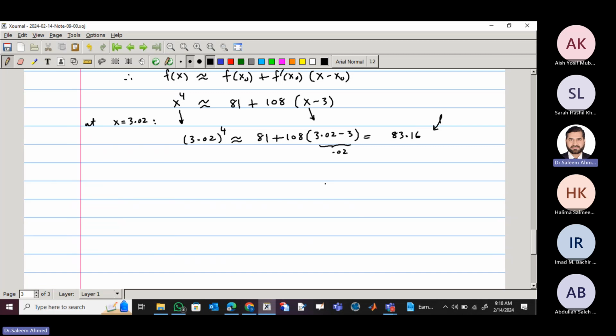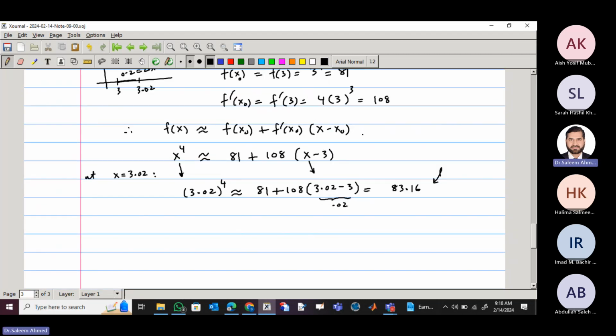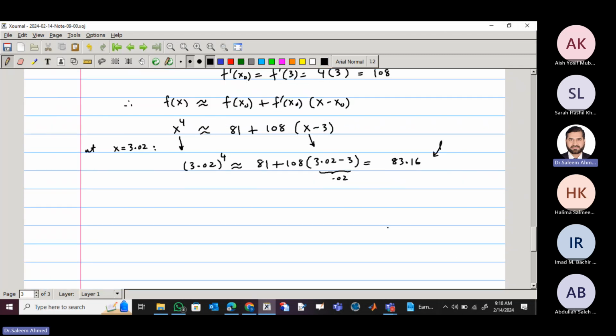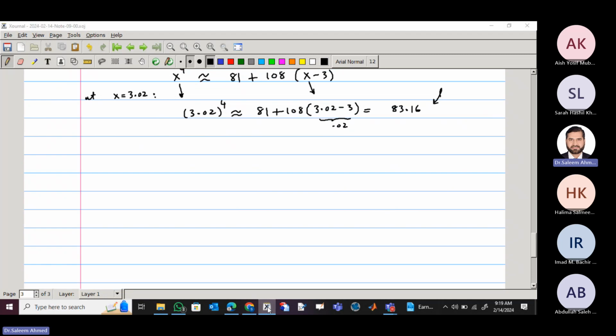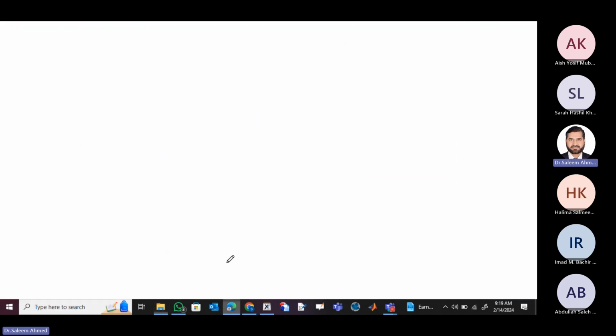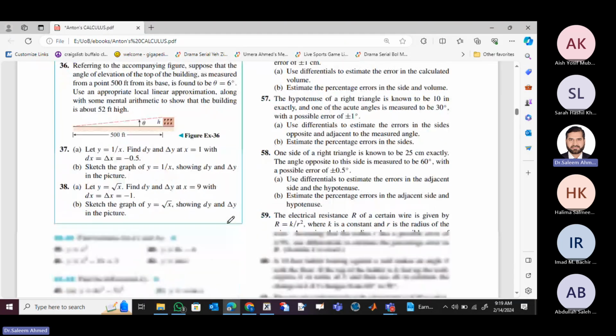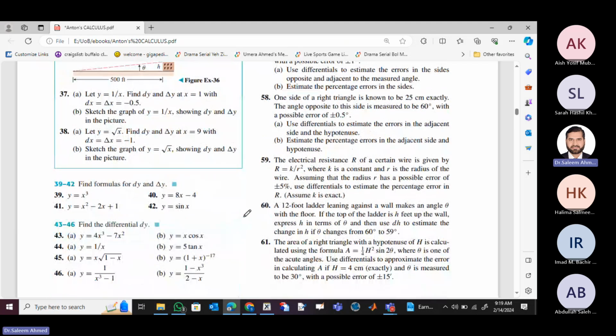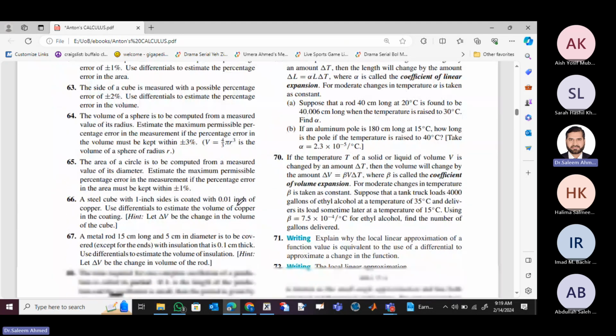Because we know this local linear approximation is good, we replace our function by linear functions obtained from this right hand side. So our aim is not to calculate 3.02 to the power 4. Later on, when we need something like that in our projects or somewhere else, we can easily use that.